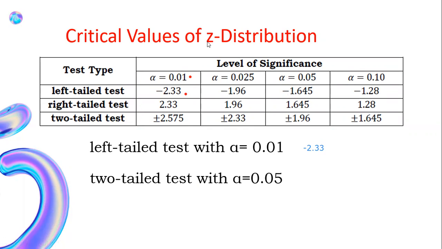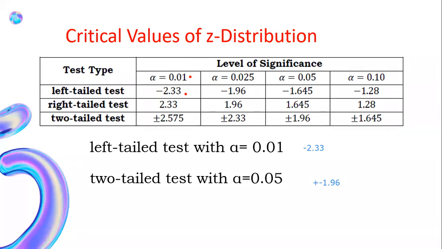Then for the critical value, Z will be equal to positive or negative 1.96. Okay? Is that clear?